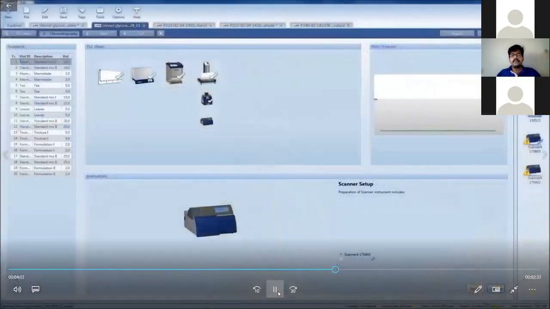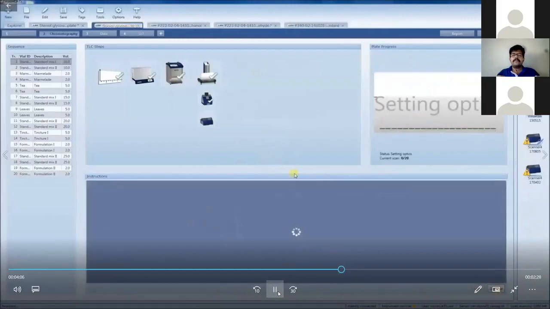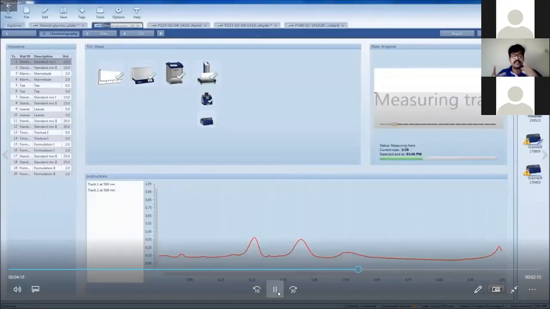It has a huge range of wavelengths through which it can scan, and at each particular wavelength it will give a chromatogram of the molecule if the molecule is responding to that wavelength. After the scanning starts, all internal adjustment is done automatically, and then you start generating the chromatograms. You can see this is how it looks.